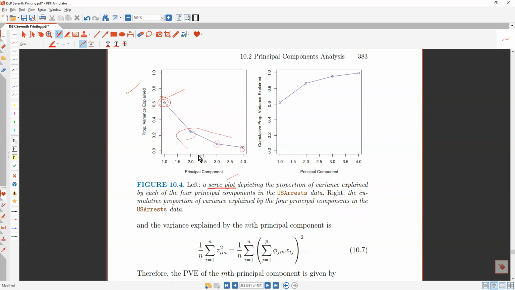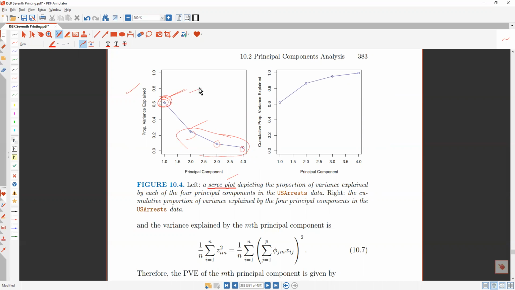And these two, maybe not quite as much. So maybe I keep 1, or maybe I keep 2, depending on the loading structure, right? When I look at the loading structure, I may decide on 2. When I look at the scree plot, I may decide on 1. That's a subjective decision. But the scree plot will give you that proportion of variance explained.